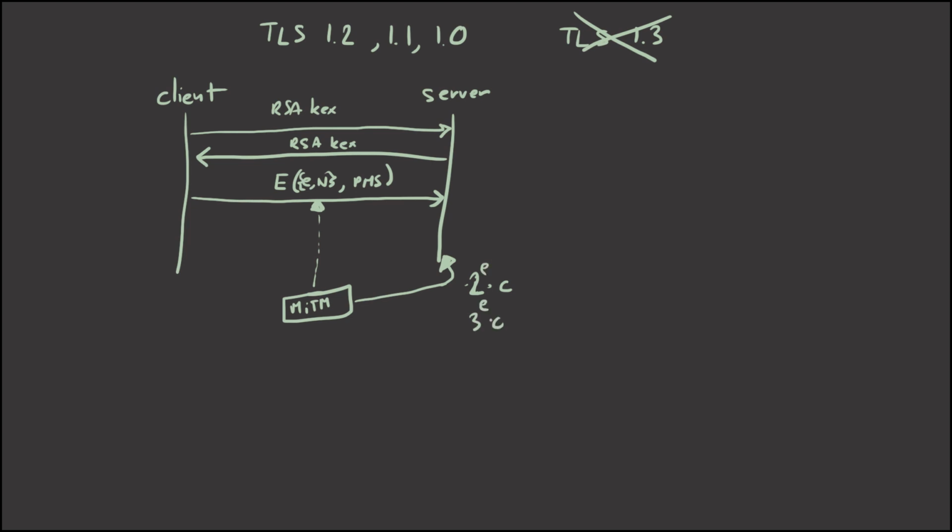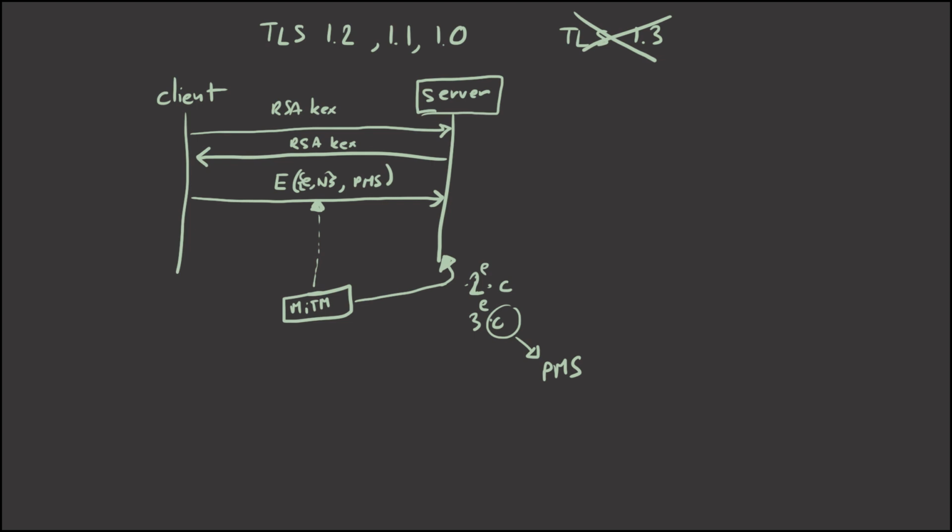We would send different encryptions. We would tamper with the ciphertext. We would do our attack using this server as an oracle. And we would finally decrypt C, obtain the PMS, and we would either passively decrypt the connection or actively man in the middle it.